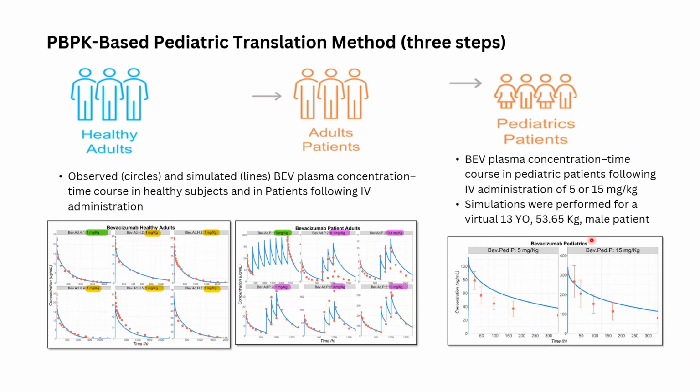On this next figure, we see the pediatric patient simulation performed for a 13-year-old male patient weighing 53.65 kilogram using two different doses, 5 and 15 mg per kg, administered intravenously. So this approach helped us understand how this monoclonal antibody behaves differently in children and adults, providing crucial insights for pediatric dosing.